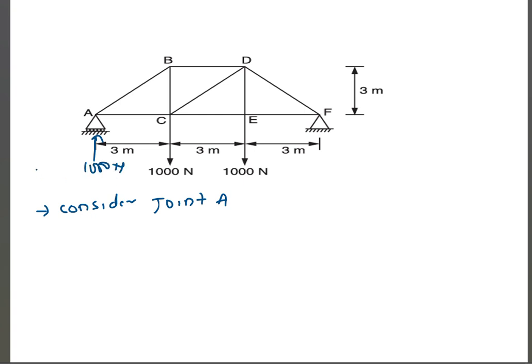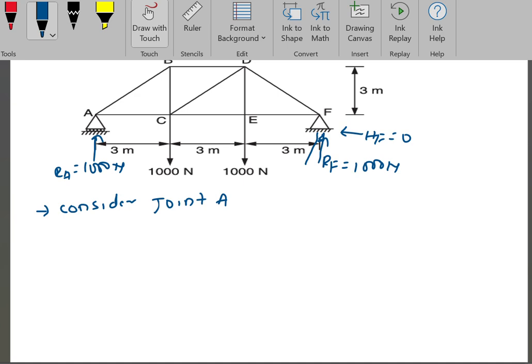Value of RF, how much? RF is equal to 1000 Newton and HF is 0, right? HF is 0.